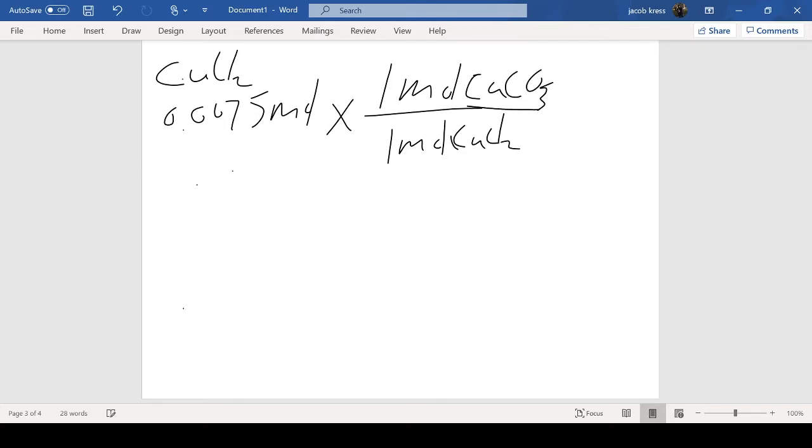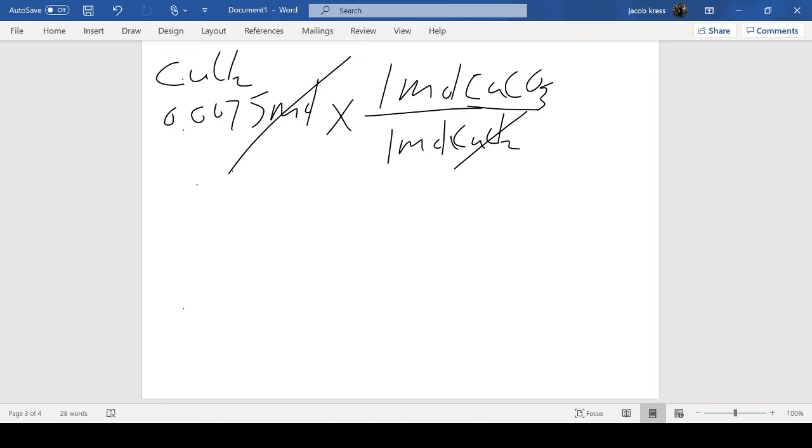And the way you set up your conversion factor here is, remember, we want those units to cancel out. So moles of calcium chloride here is going to go in the denominator. Because we're going to get moles of calcium chloride over moles of calcium chloride, they'll cancel out. And that's going to leave us with moles of calcium carbonate. Now, thankfully, everything here is 1 to 1 to 1.